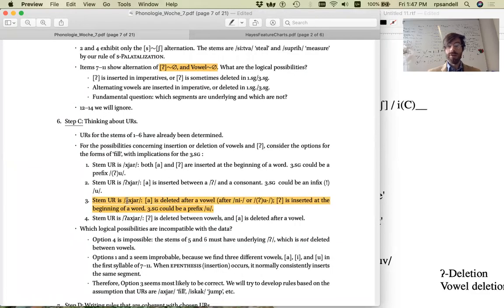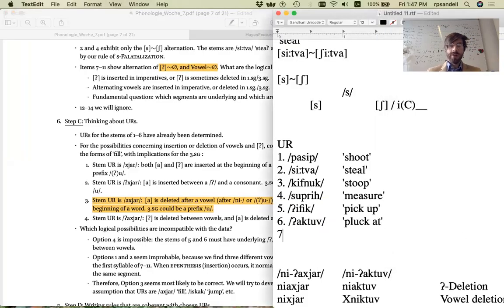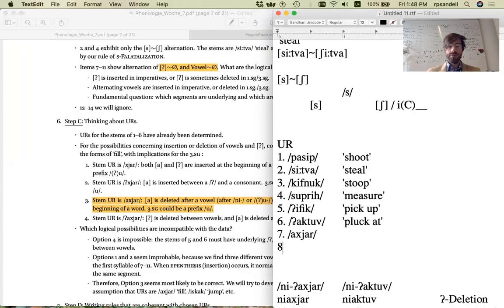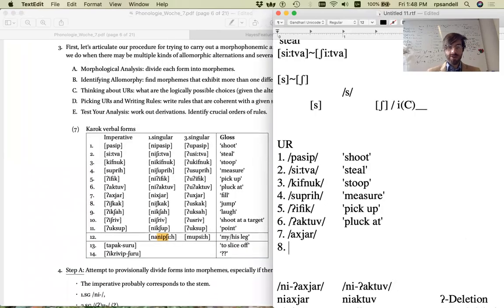Namely, the vowel is underlying, but the glottal stop is not. So under this assumption, the underlying forms for numbers 7 through 11 would all be vowel initial stems. So the underlying forms, let's write these up. They would then be ahyar, iskak.